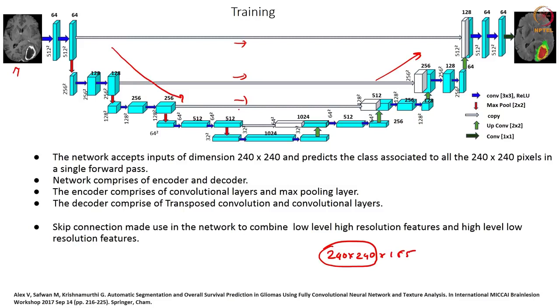Again, the skip connections were used to combine the low and high level features in the network. This was one of the entries to the competition, and the citation is at the bottom of the page. You can look it up for more information. Of course, this might not be the most incredibly efficient way of doing it.